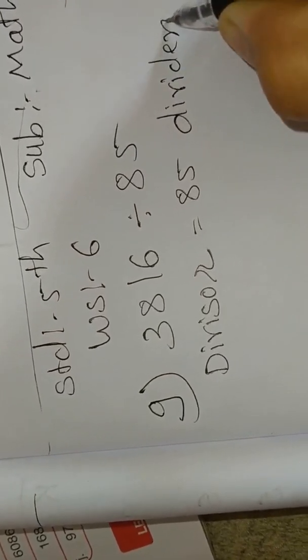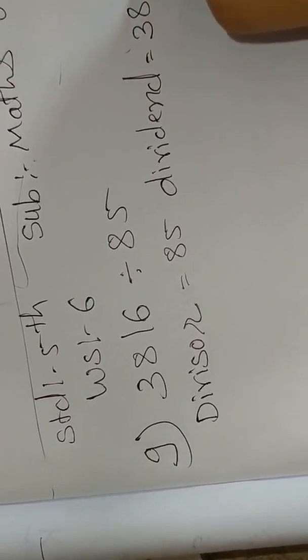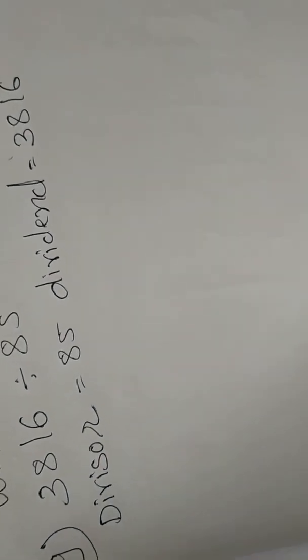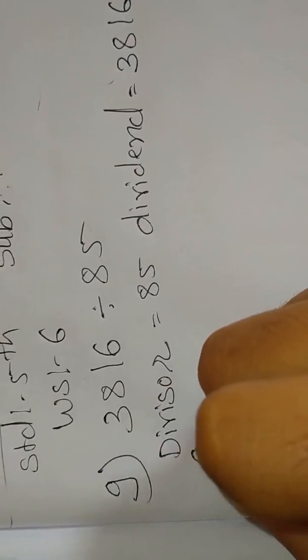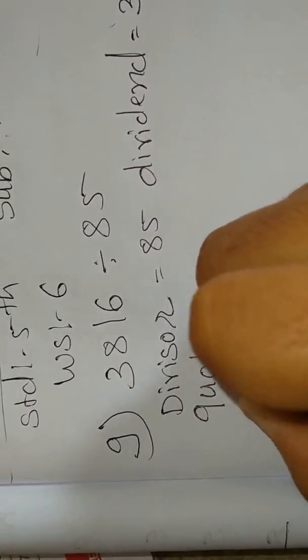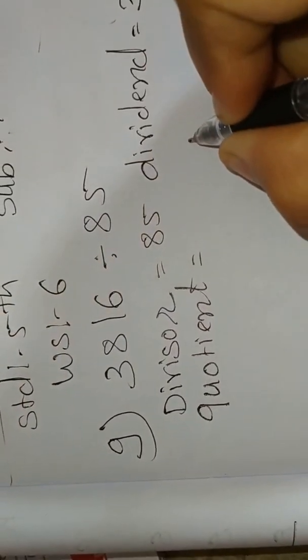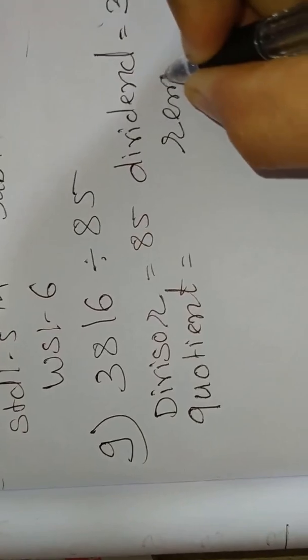Dividend is 3816. We have to find the quotient and the remainder, both. So here we have to write the quotient, and here we have to write the remainder.